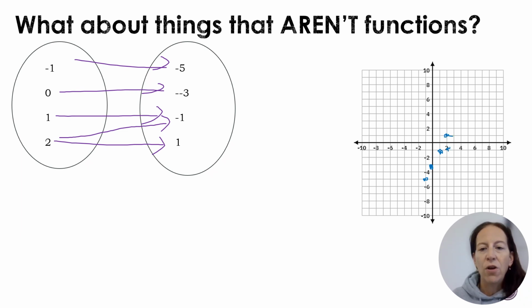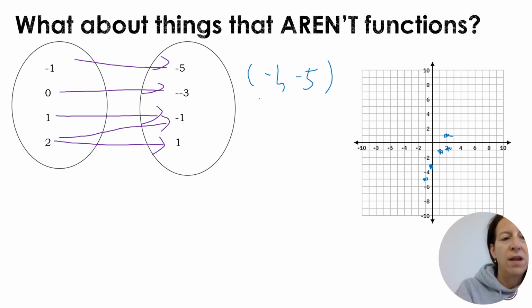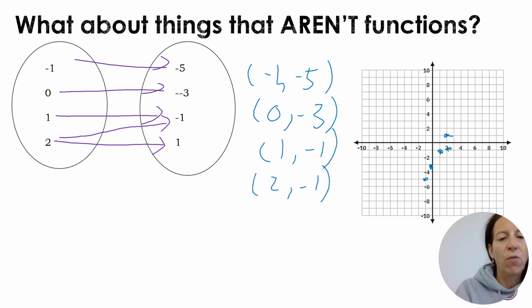And what I want you to notice is what happens with that disqualifying mapping. The mapping that caused it to be disqualified. And I could probably write those. So we're going to write these out again. That's -1, -5, 0, -3, 1, -1, 2, -1, and 2, 1.